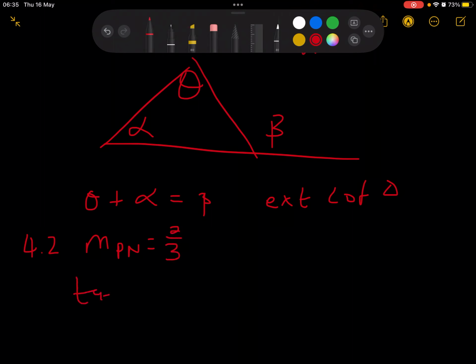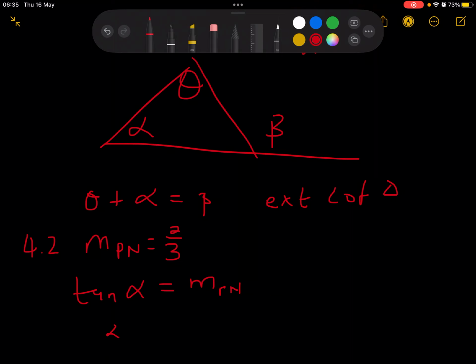And we know that it's not tan theta, it's tan of alpha, because that's the gradient, that's the line in which the gradient PN is in, and that's the angle alpha that it makes with the x-axis. Tan alpha is equal to the gradient of PN.